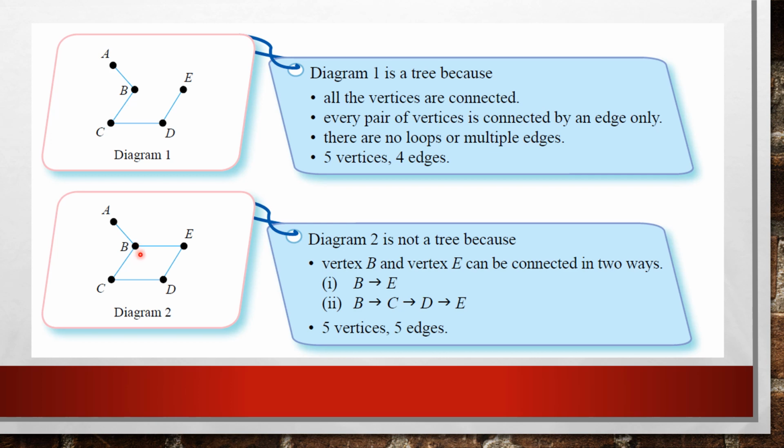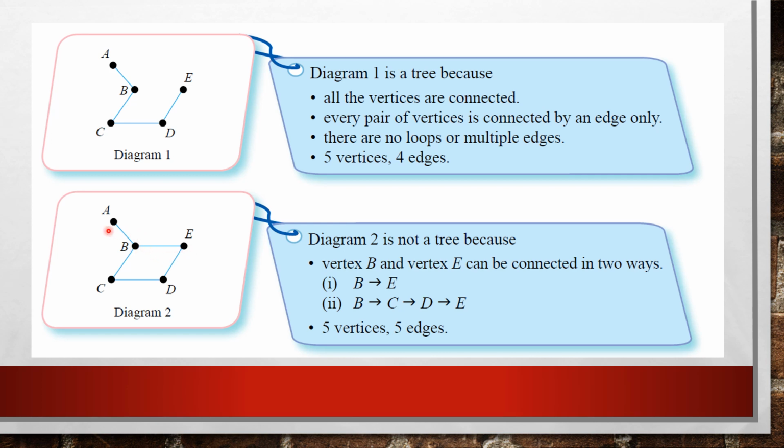That means from B, you go to C, then you go to D, then you reach E. So from B to E, you have two ways.